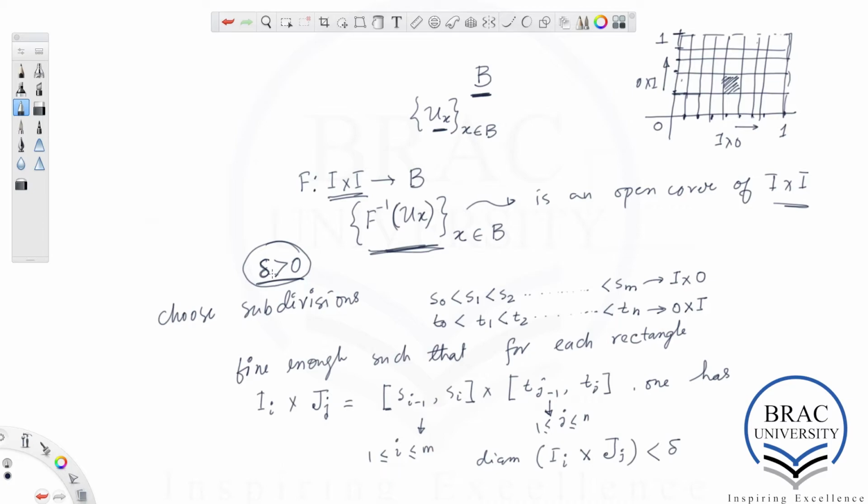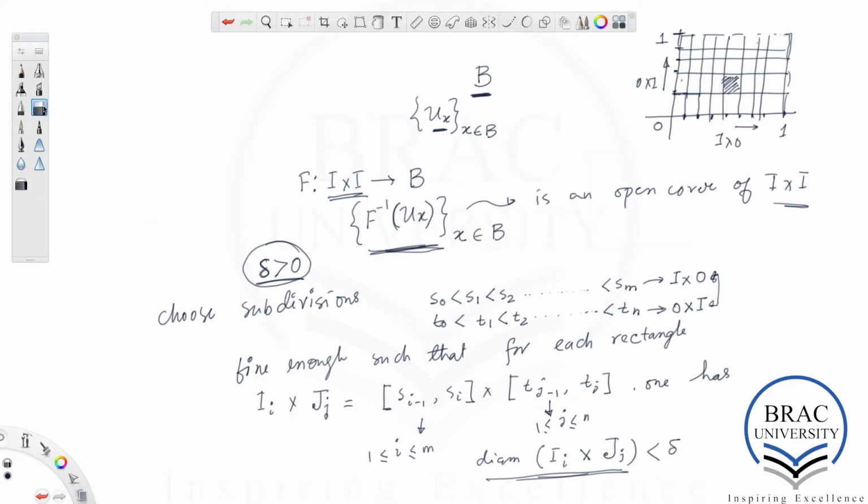and given this positive number delta, we can find subdivisions of the unit interval so that the diameter of each such rectangle, for i between 1 and m and j between 1 and n, is strictly less than delta. We can always do that.